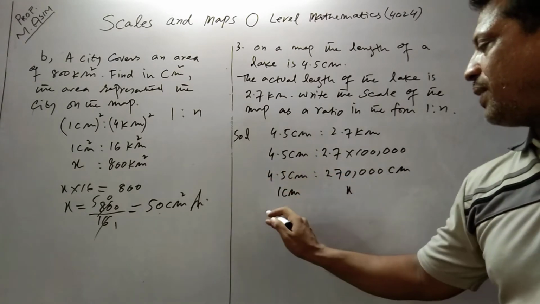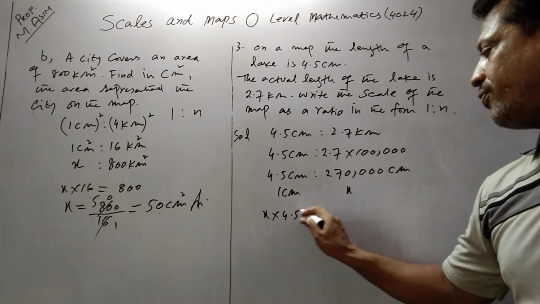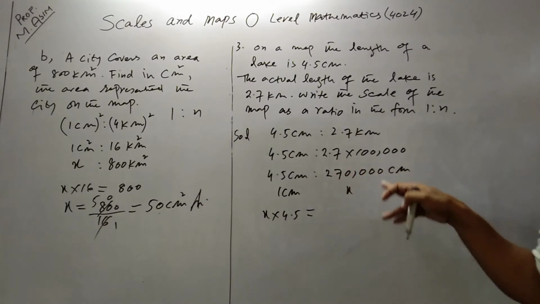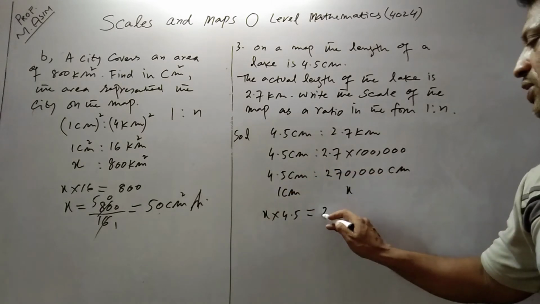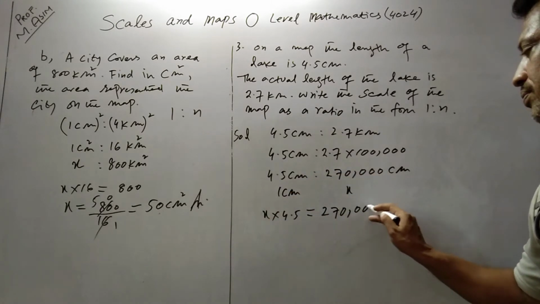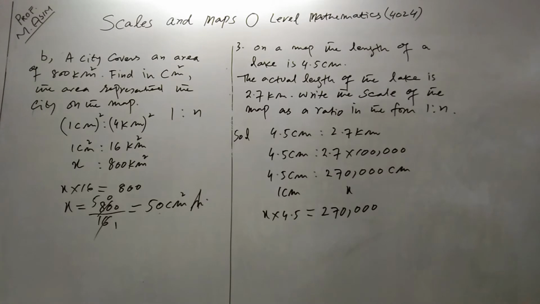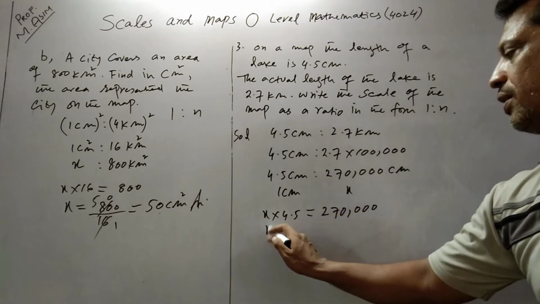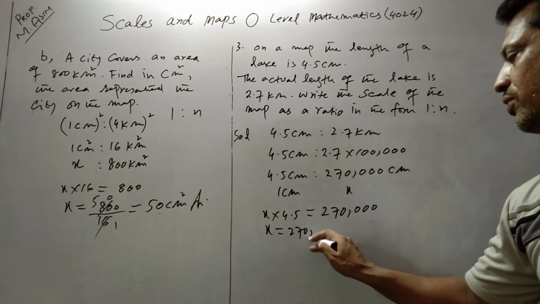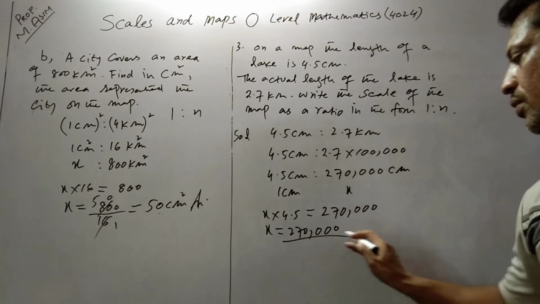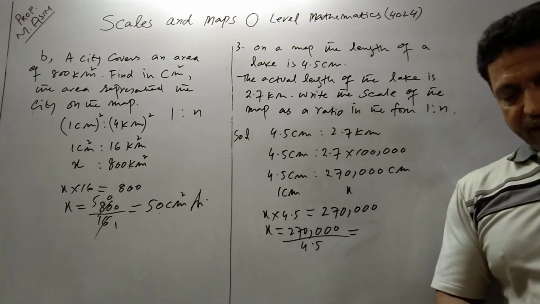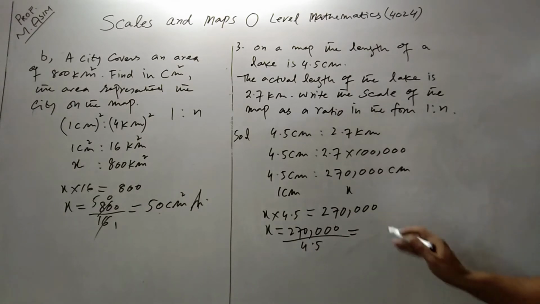So x multiplied by 4.5 is equal to 270,000 multiplied by 1, which is always 270,000. This 4.5 should be divided into 270,000. When you divide 270,000 by 4.5, you will get 60,000.